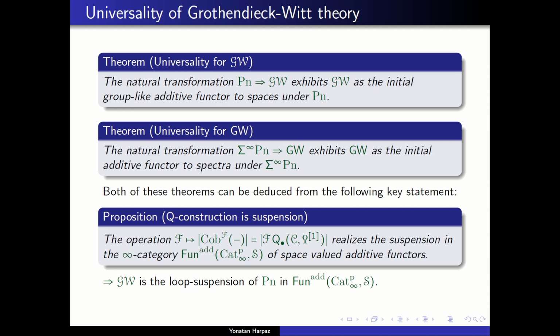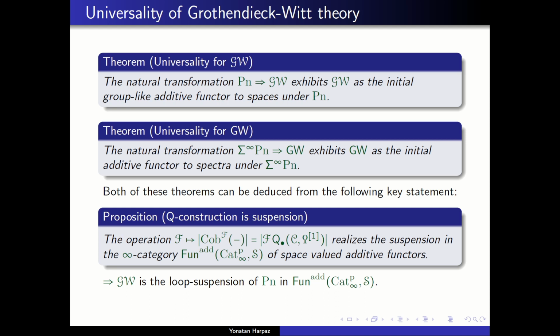And in this case, we already know from before, from the lemma that we proved before, that on group-like additive functors, so group-like objects here, the map from the group-like object to the loop of its suspension is an equivalence. This means that in the context of this infinity category, suspension is in fact fully faithful when restricted to group-like objects.